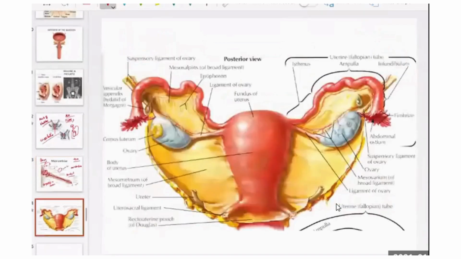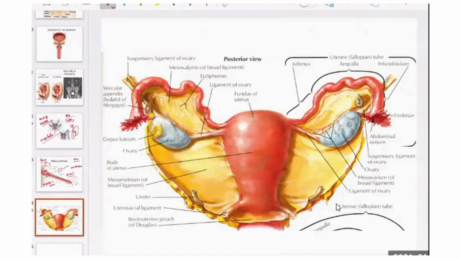Next is the fallopian tube. Layers of scrotum, did I explain? Layers of scrotum. Your testis we finished. Alright.